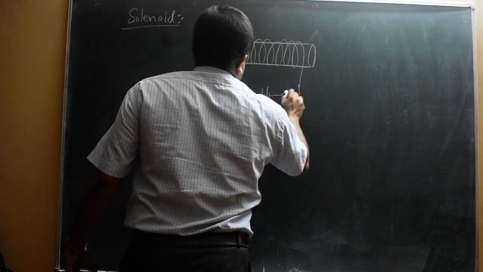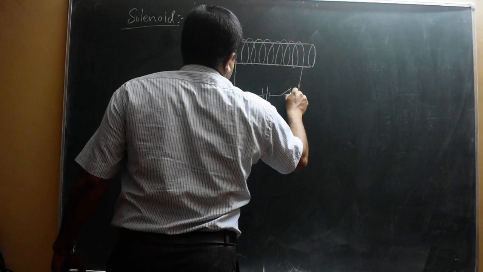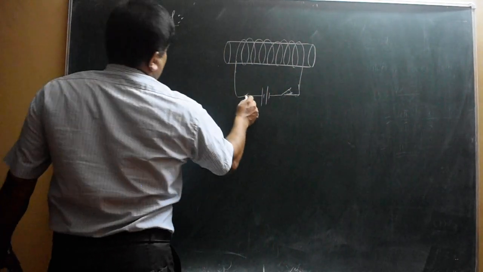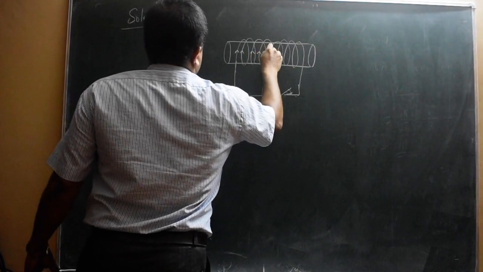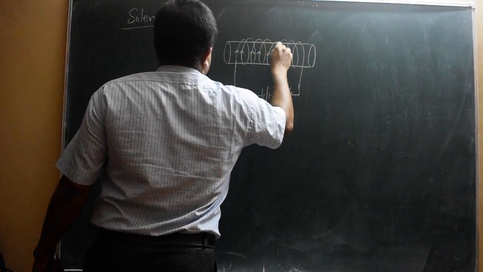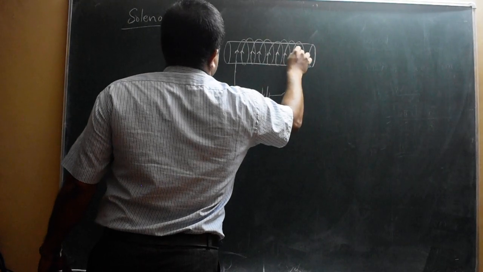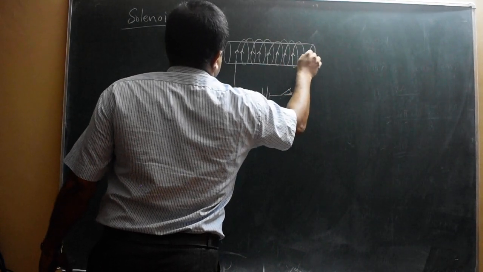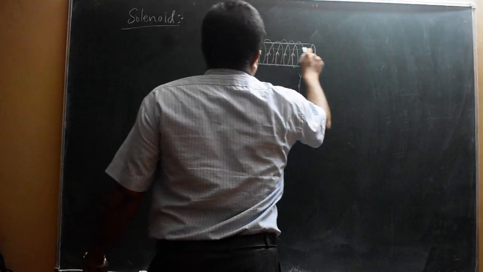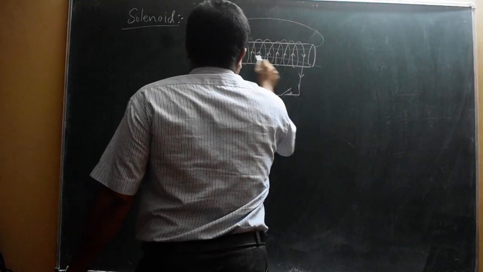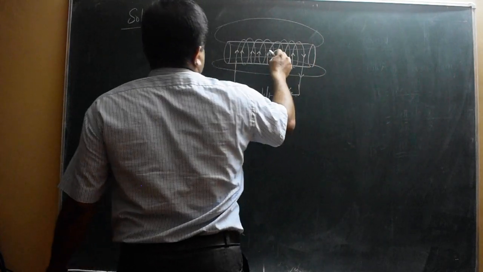Now we can put a switch here. When the switch is closed, the current flows like this. When current flows through this, there will be a magnetic field produced by the solenoid, schematically represented this way.